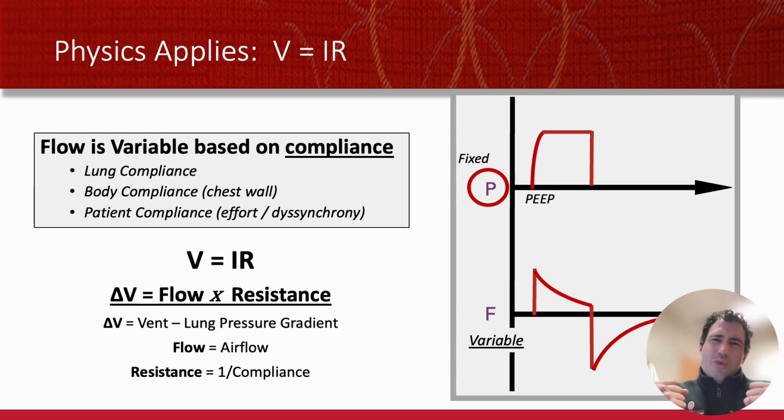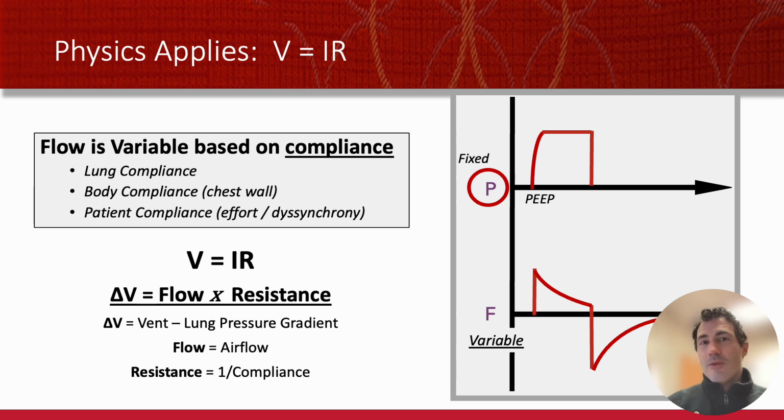If the patient squeezes their chest and is mad at the ventilator, it's going to be hard to get that breath in. If they're a really large patient with a lot of abdominal weight pushing on the diaphragm, if you lay them, say, head down, it's going to be hard to move that abdominal weight off of their lungs. And so all of these things combine to give you the actual airflow delivered by the ventilator.